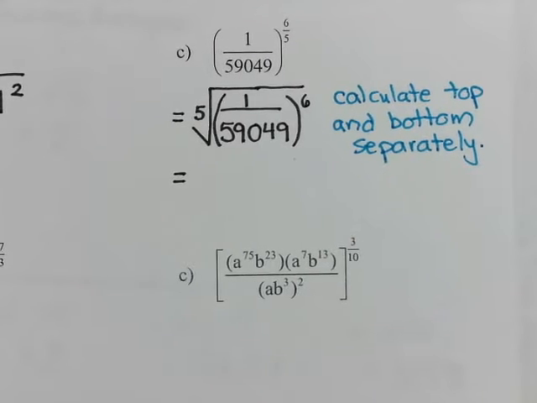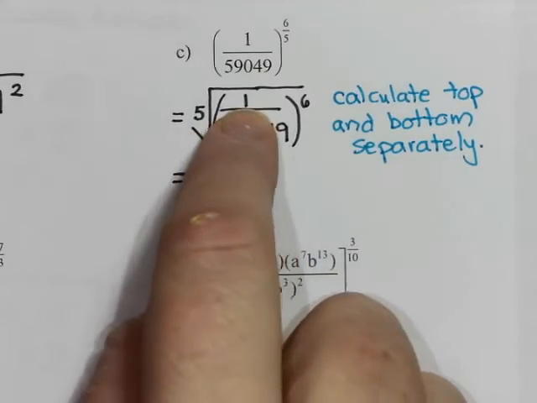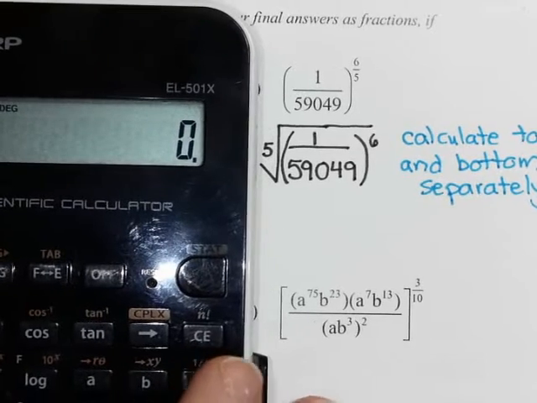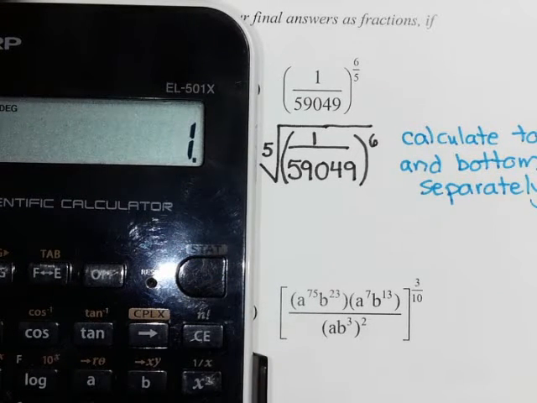Okay, so on the top, I'm going to do the 5th root of 1 to the power of 6. So on my calculator, I'm going to do 1 to the power of 6, and then I'm going to do the 5th root of that. So second exponent 5 equals, and I get 1.